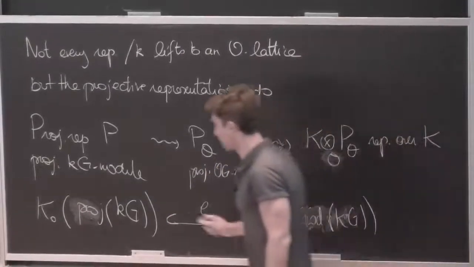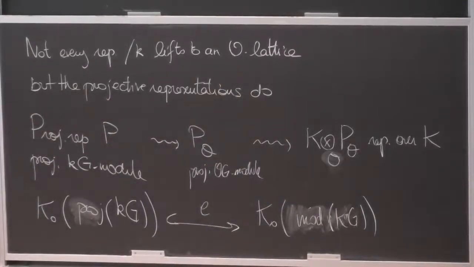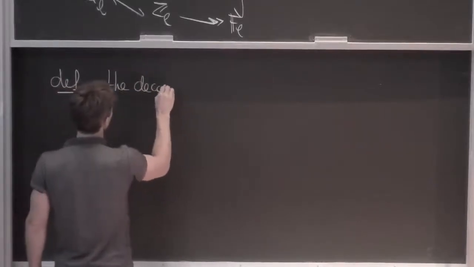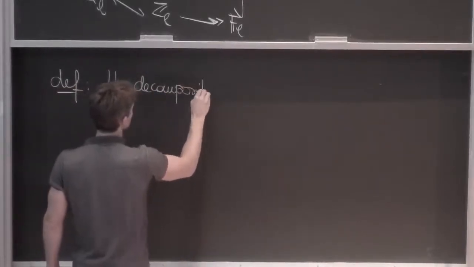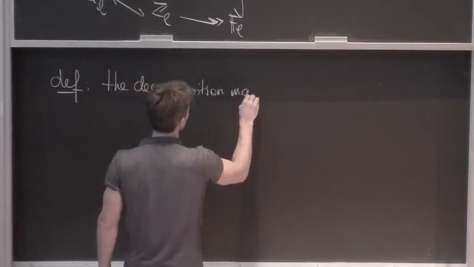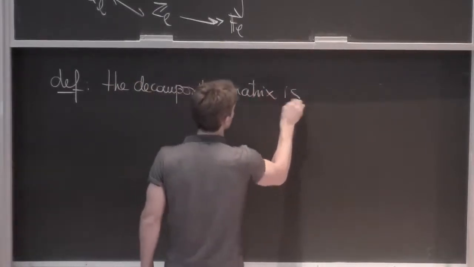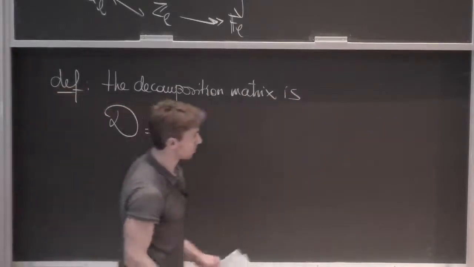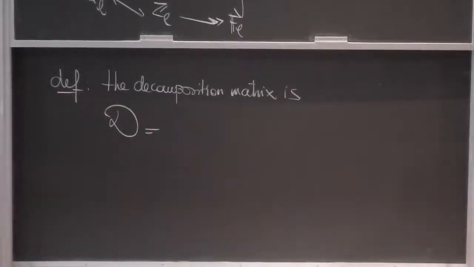Okay, so what will be, like I said, the decomposition numbers will be my definition. So the decomposition matrix will be denoted by D, and will encode how this map D decomposes.